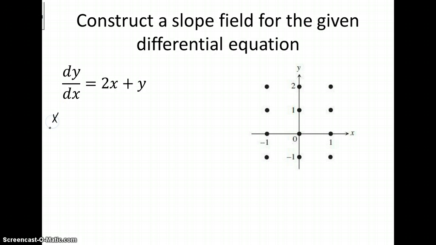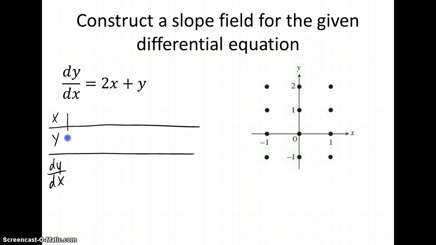So the easiest way to do this, make an XY chart. So I'll start where x is equal to -1. Okay, so here's the point, (-1, 2), (-1, 1), (-1, 0), and then (-1, -1).